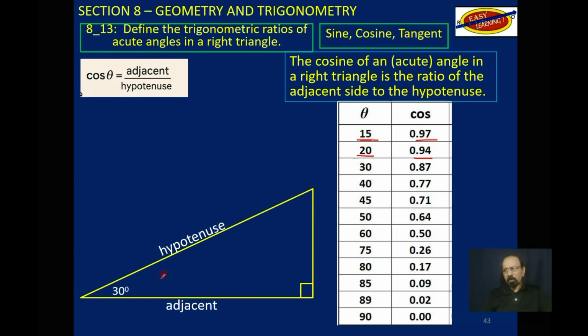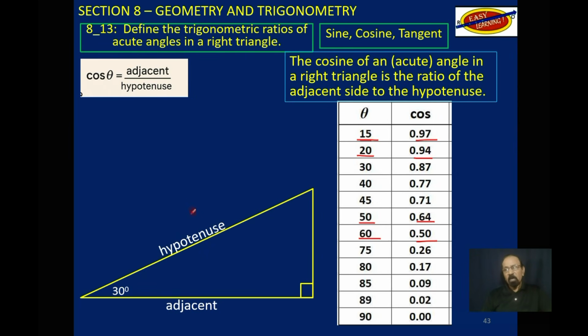Now, if you keep increasing these angles, say to 50 degrees, then this adjacent is 0.64 of whatever the hypotenuse is. And if you go to 60 degrees, as we just saw, this adjacent is 0.5 of whatever the hypotenuse is. So if this adjacent is 10, that hypotenuse will be 20.